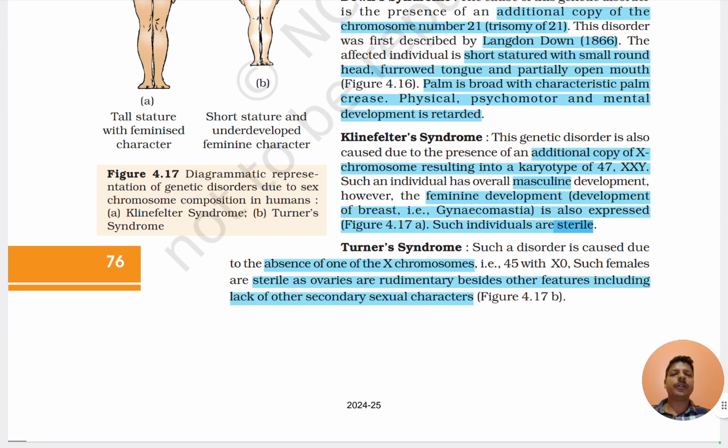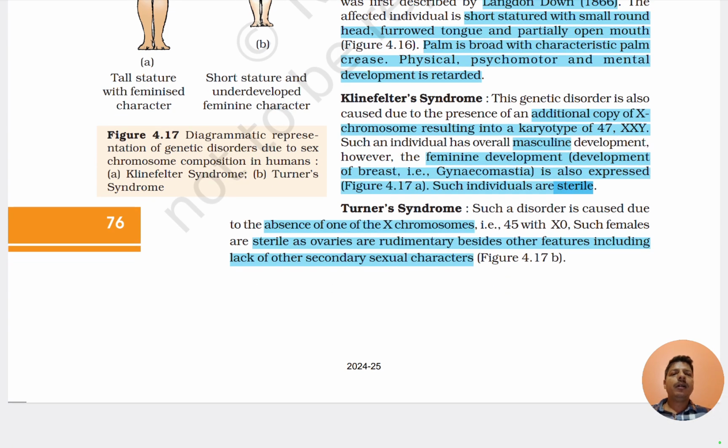Coming to Klinefelter syndrome, this is caused due to the presence of an additional copy of the X chromosome, resulting in the karyotype of 47 chromosomes, XXY. Such individuals have overall masculine development, however feminine development also shows development of breast, that is gynecomastia, and such individuals are sterile.